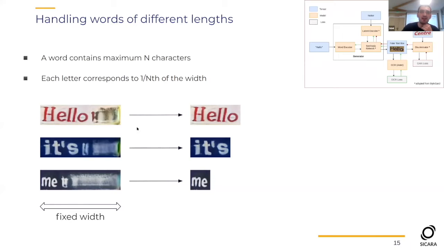So these were the original text boxes, and they have been cropped according to the number of characters in each word, because here n is equal to 8. Here we kept 5/8 of the boxes, here 4/8 of the boxes, and here 2/8 of the boxes. Doing so allows for two things. First, there is no distortion.